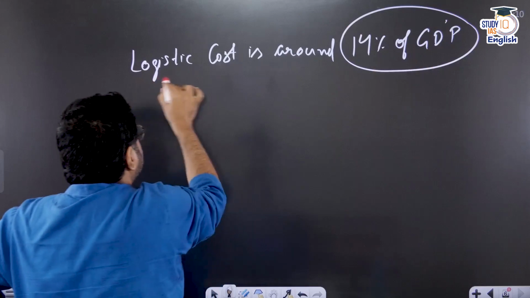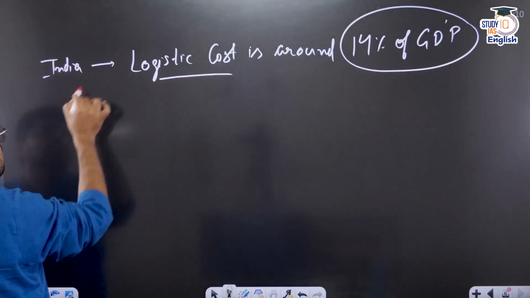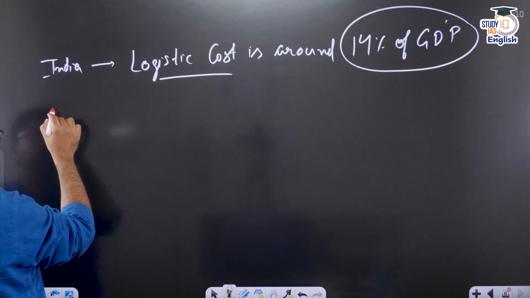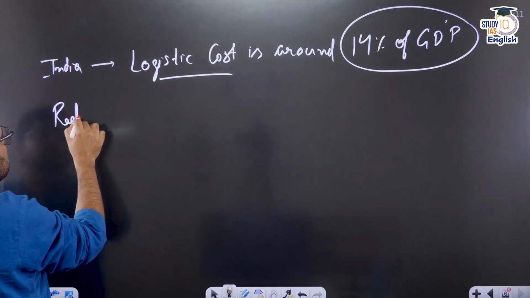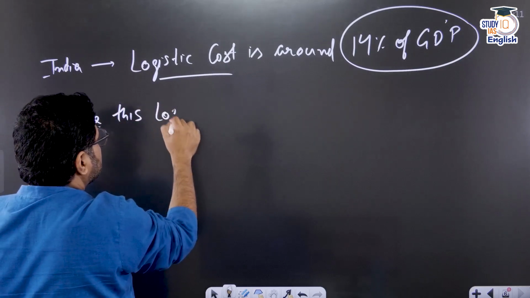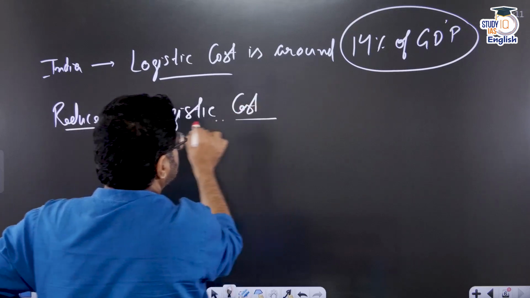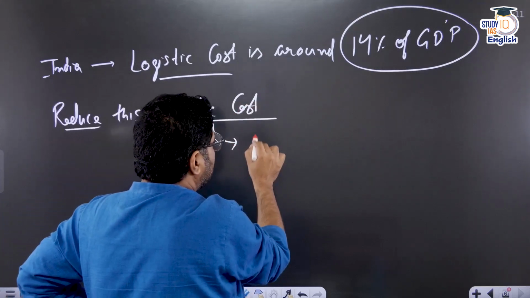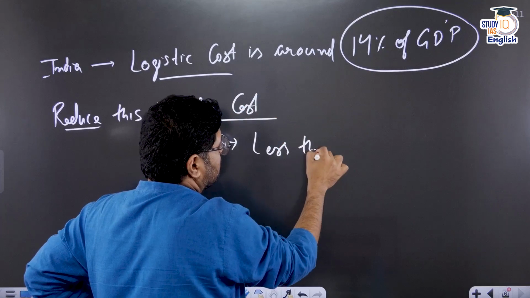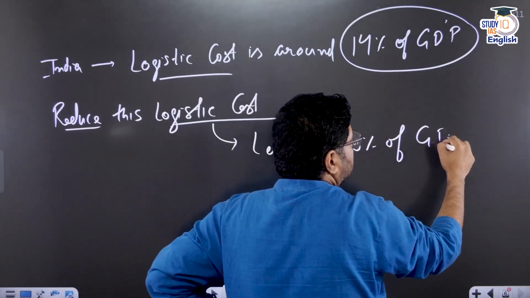So this is India's current position, and our target is to reduce this logistic cost and bring it to less than 10% of GDP.